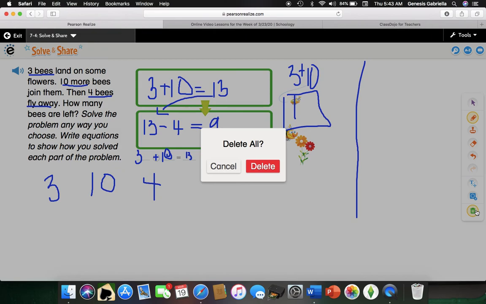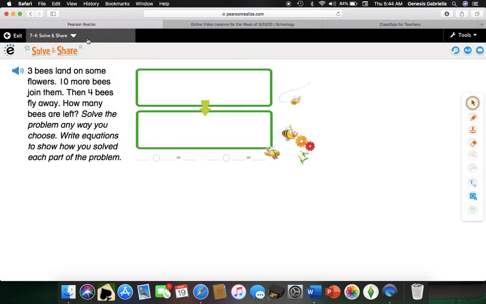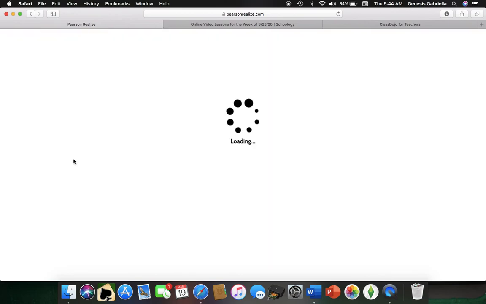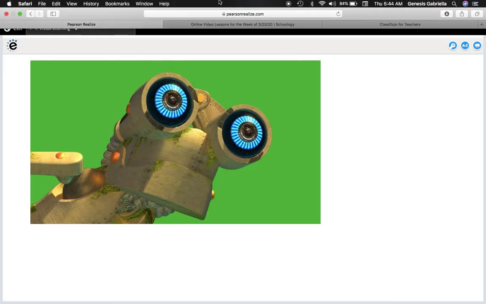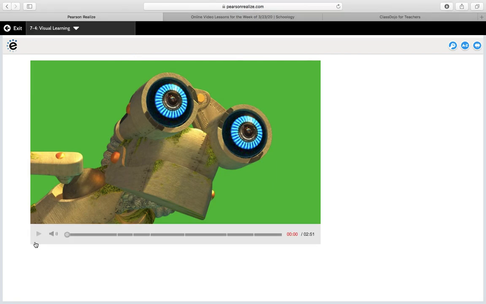Alright, so that's it for today's Solve and Share. Remember, we're focusing on two-step word problems. So here's our visual learning for today. If it would load. Okay, there it goes.